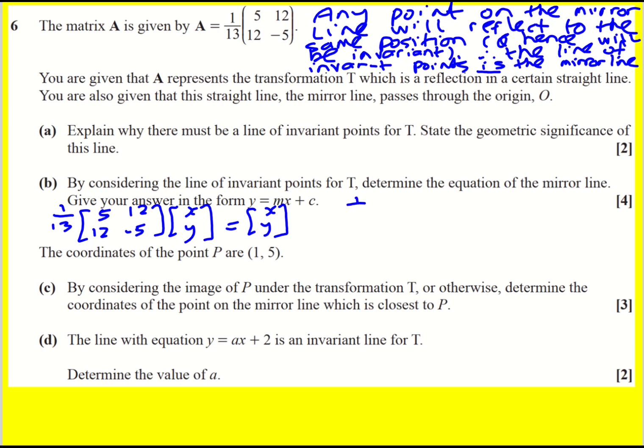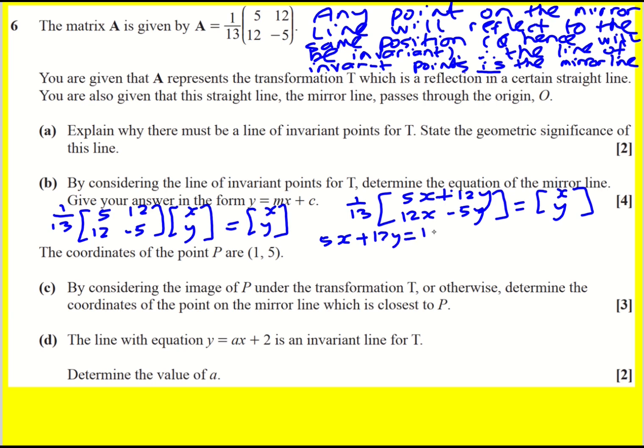I'm going to multiply out the matrix. So I'll get 5x plus 12y and 12x minus 5y equal to x, y. So this means that 5x plus 12y is going to equal 13x if I times through by 13. Therefore, 12y equals 8x. y is 8 over 12, or 2/3 x.